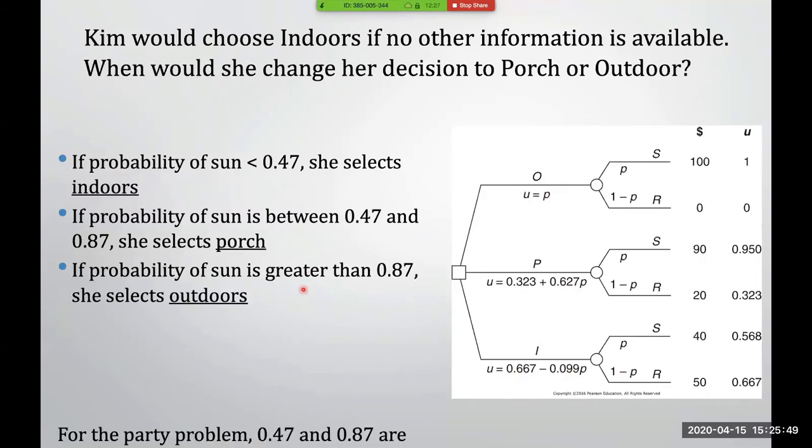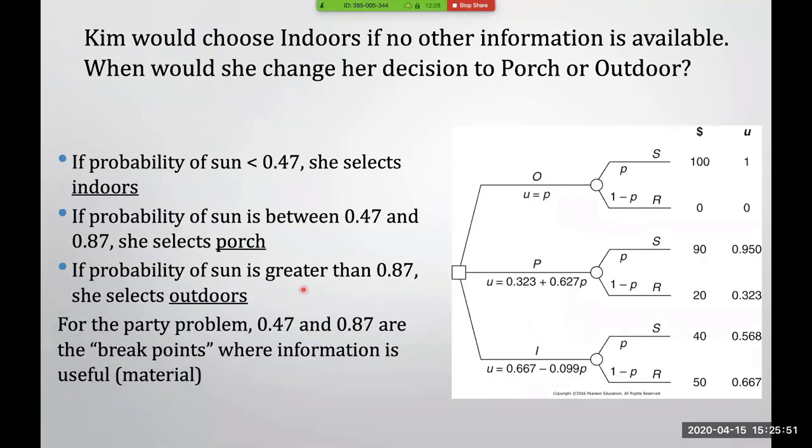So for Kim's party problem, 0.47 and 0.87 are the break points where information could be material. Okay. So again, recall that without the additional information, Kim would choose indoor.